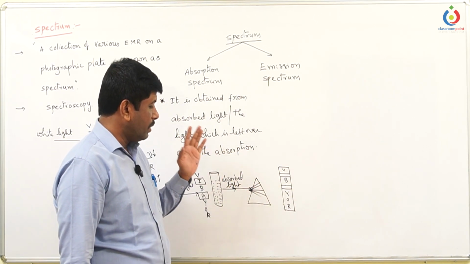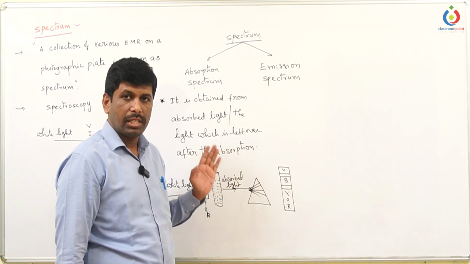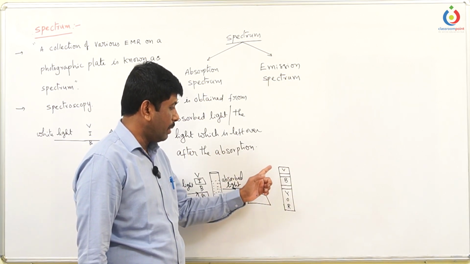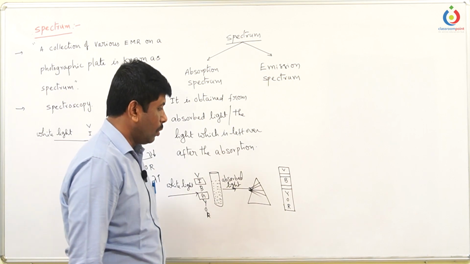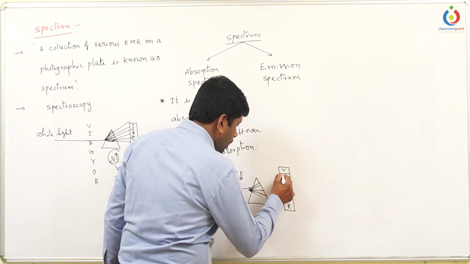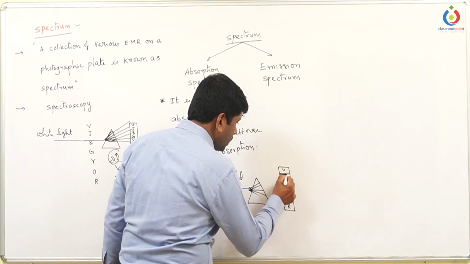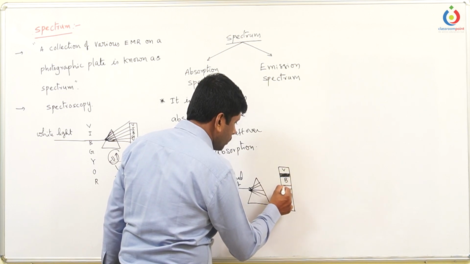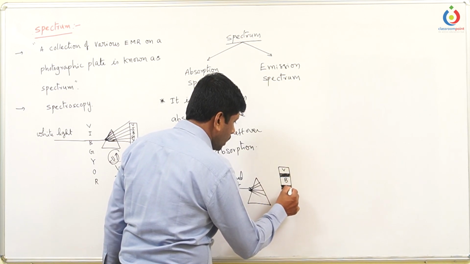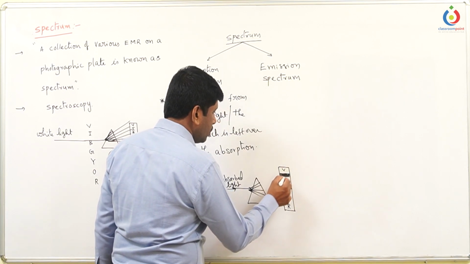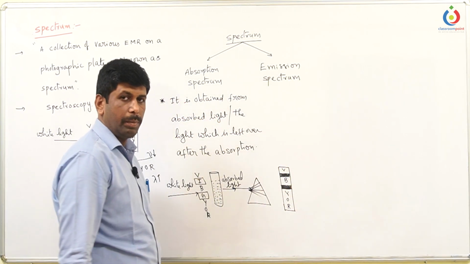Whichever radiations are absorbed do not appear on the photographic plate. So it looks like that. The dark lines appear on the bright background. This photographic plate is a bright background, on which dark spaces are obtained.